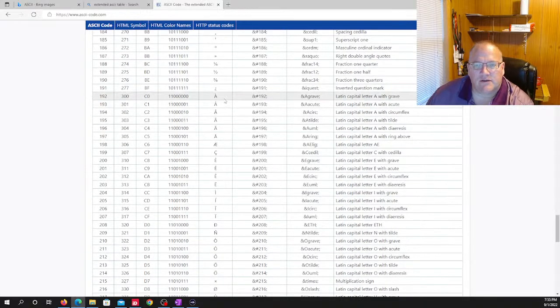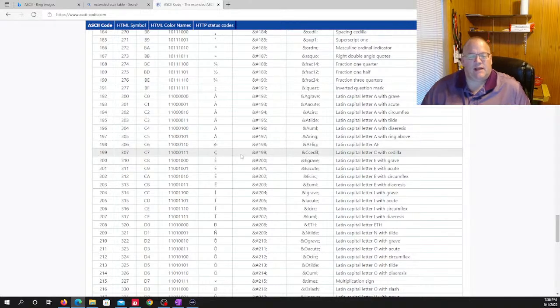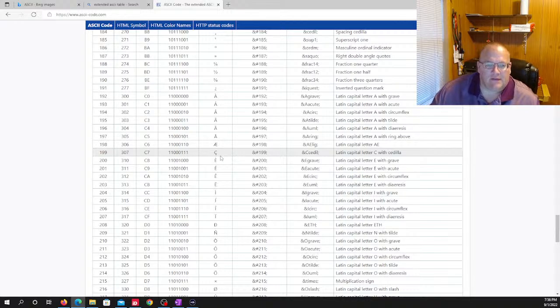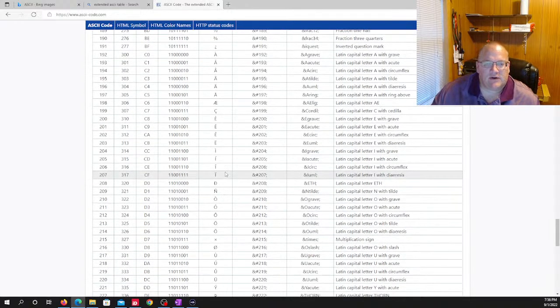The Latin character with the grave, with an acute, with the circumflex, with the tilde, with a ring above. The AE, that's actually a different letter in Latin, AE together. And then we continue down through these, and some of these are used in different languages. They're all used, for the most part, in European languages.